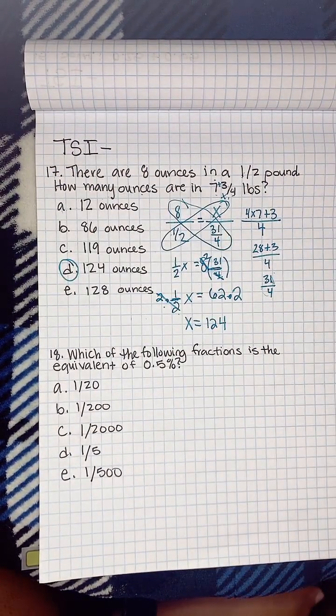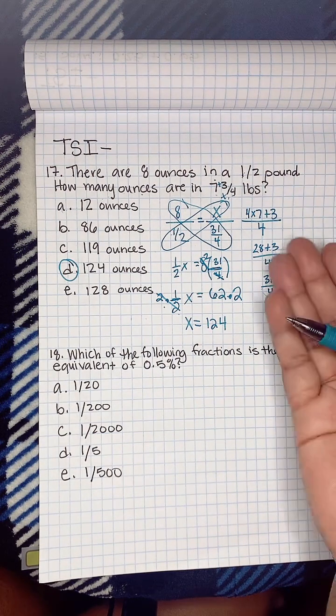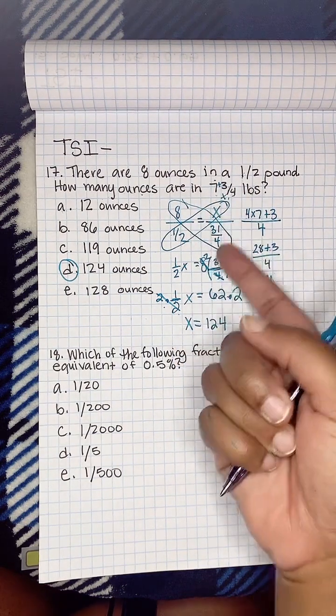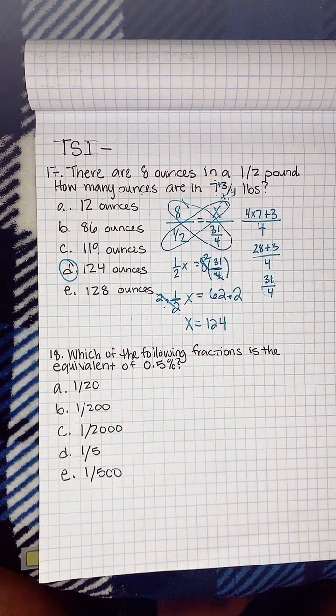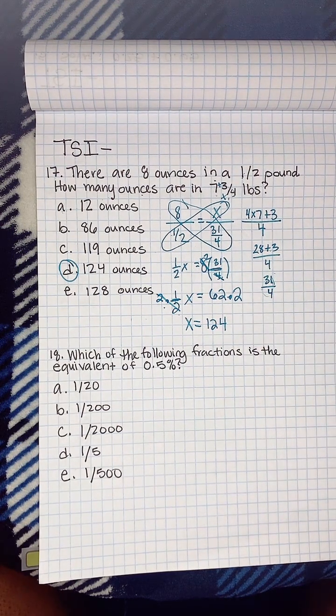Now there probably was a way easier way to do this, but this is how my brain does it. I know it's probably the long way, you guys, but literally I don't know how to do it without setting up proportions. Okay. So, if you're in here and you're a tutor, math teacher, a homeschool teacher, and you know a better way, put it in the chat so it could help somebody else.